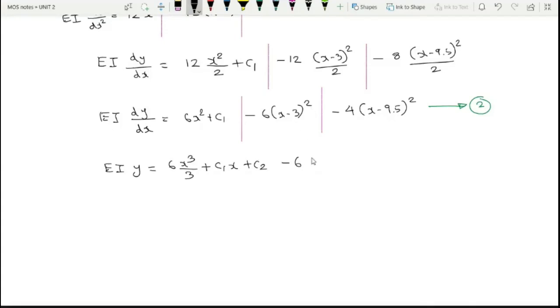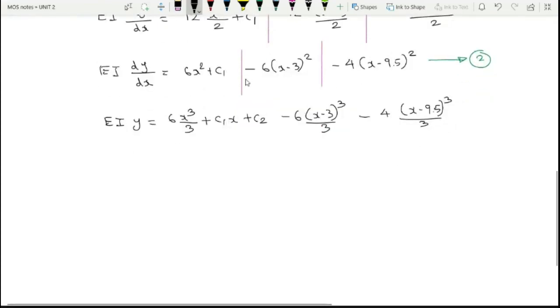You will get x minus 3 the whole cube divided by 3, minus 4 x minus 9.5 the whole cube divided by 3. Okay, this is my equation.